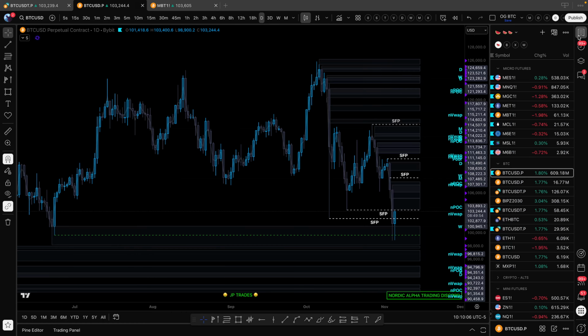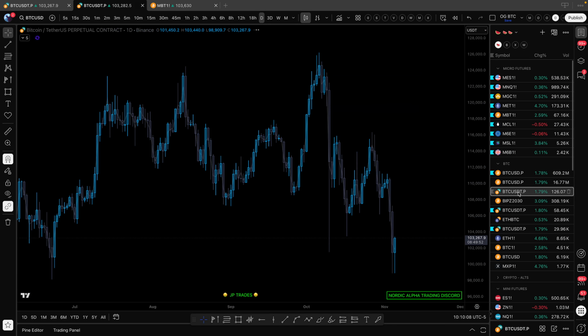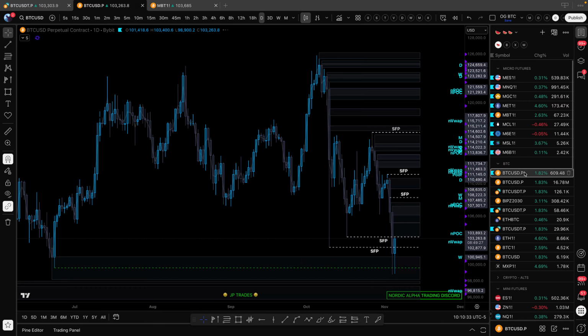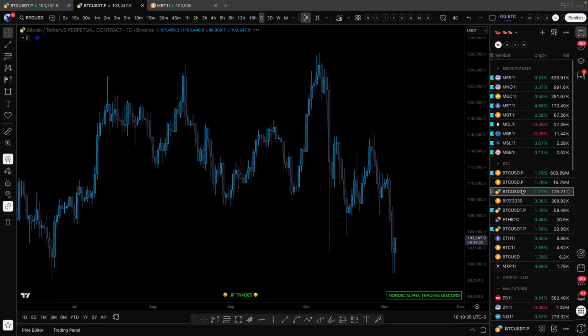Now, if we take a brief look at the USDT pair, we can see that it was more of an SFP on the daily time frame. So we do have to take that into account, because this wick that was put in during the Trump dump is different sizes on almost every pair that you look at.